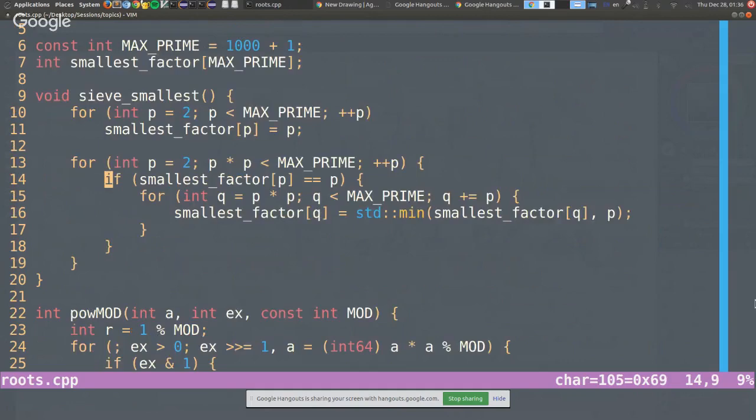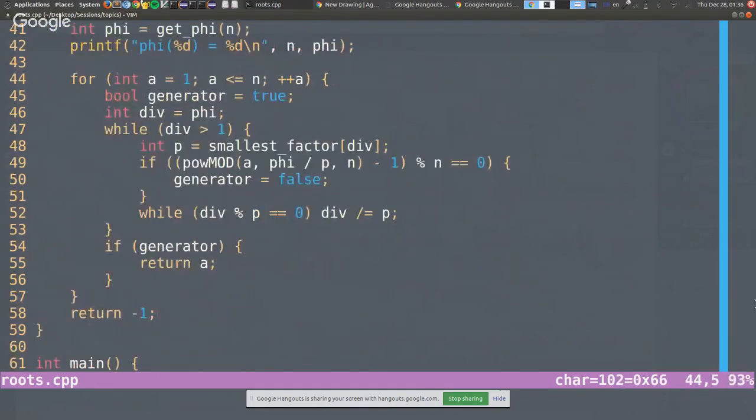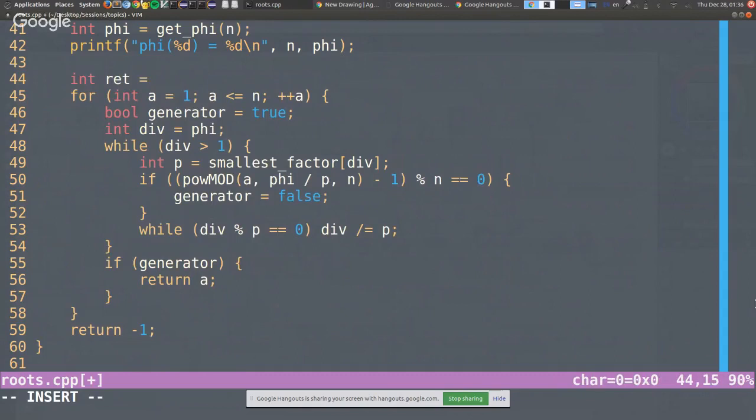Also here we can print which numbers are primitive roots instead of just returning the first one. Here we can just print the a.